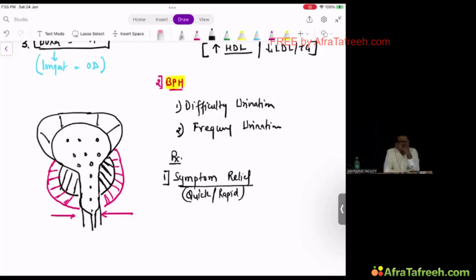The patient has intense pain, the bladder is stretching. Okay, what do you want to do? You want this urine to pass. So what do you have to relax? Which muscle do you have to relax? Prostate. So which drugs will come useful?